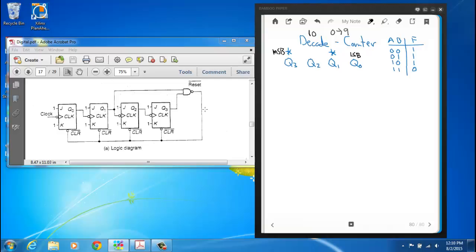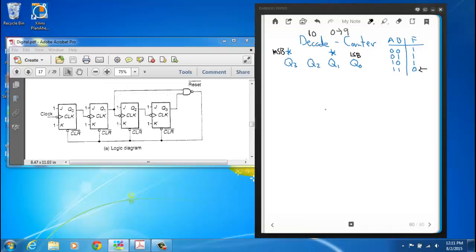Now notice that I have asterisks above Q1 and Q3. That's because those are the inputs to the NAND gate that are going to determine the output of the NAND gate. And I put the truth table of a NAND gate over here just as a reminder. A NAND gate's output will be a 0 only when both inputs are equal to 1.